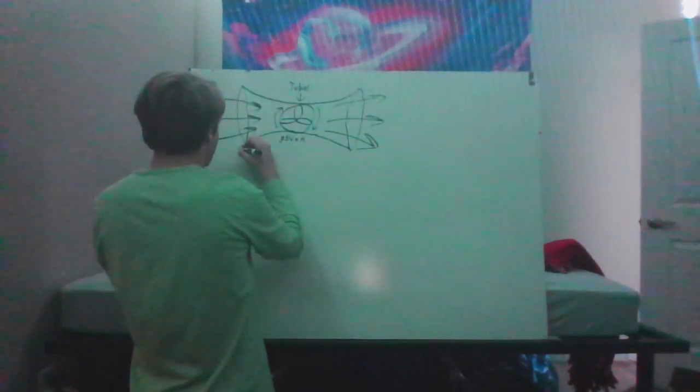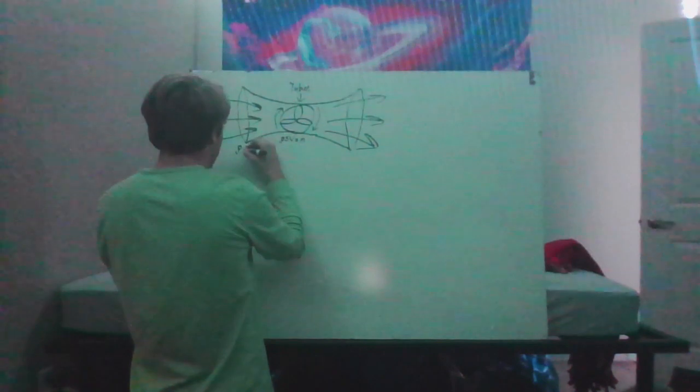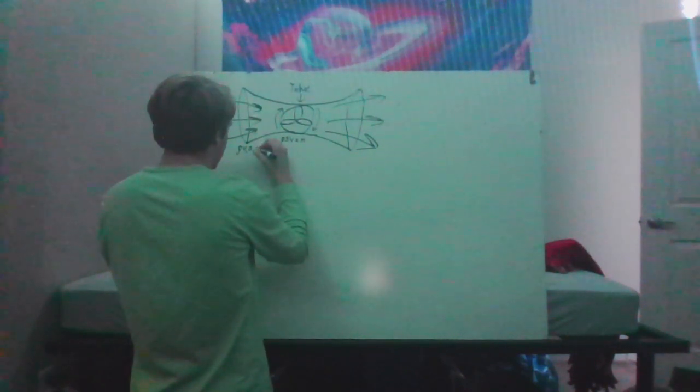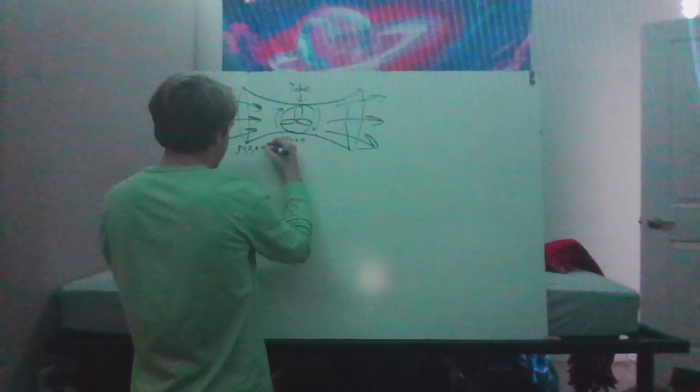And then we also know for the inlet, again, rho, the density, times the velocity coming in, times the area also equals the mass flow rate coming in.